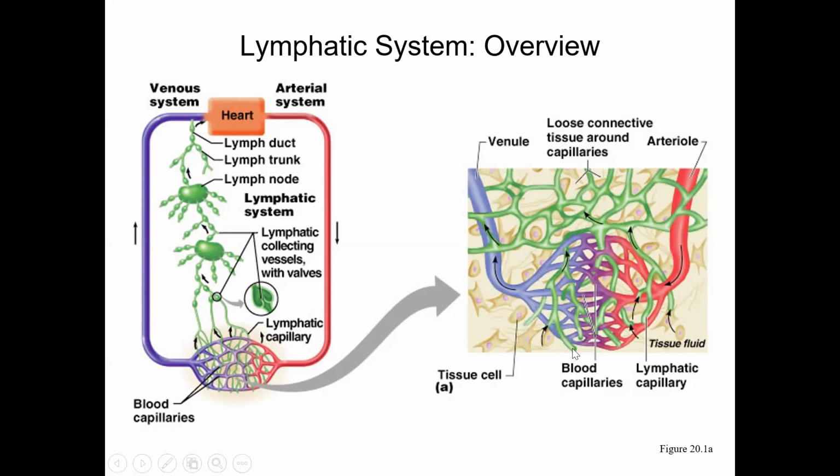These green ones have dead ends. They're not connected like the blood capillaries, which always connect from the arterial side to the venous side, but the lymphatic capillaries have dead ends.